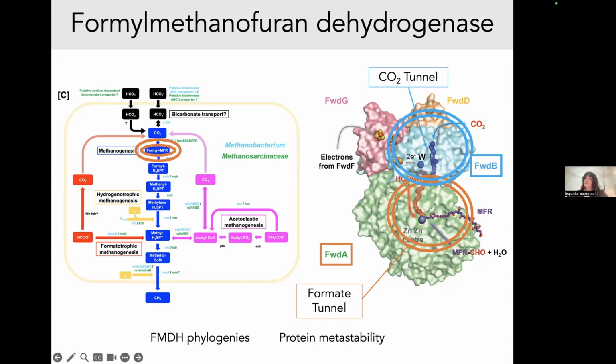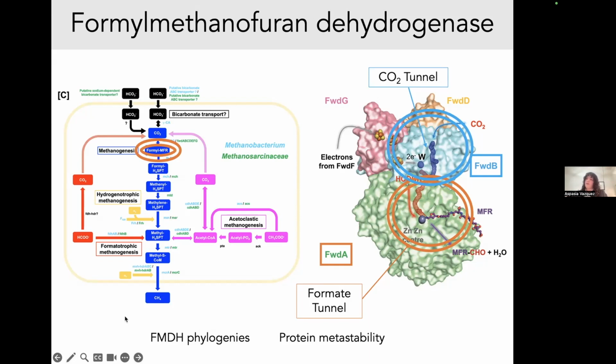And then the CO2 will travel down to the first active site, become formate, and then go to another tunnel called the formate tunnel in the subunit A, FwdA, which is the green area of the crystal structure. And then it will go to another active site at the end of the tunnel and turn into formylmethanofuran.